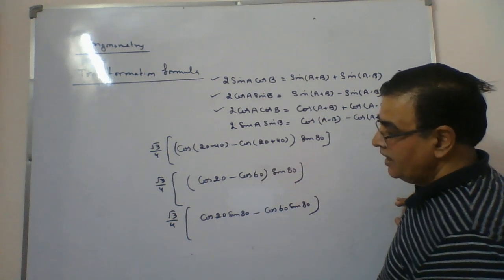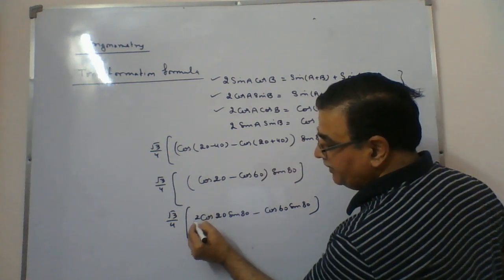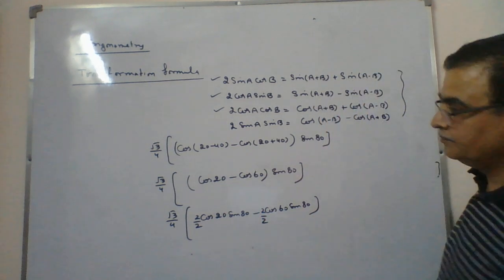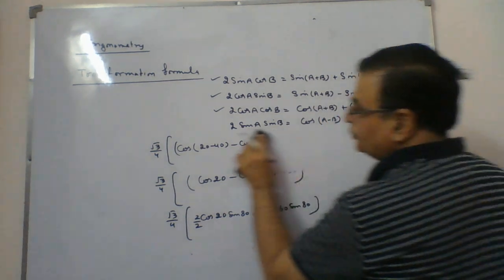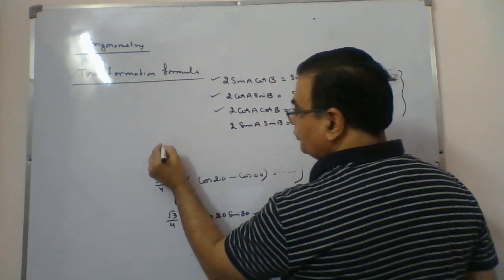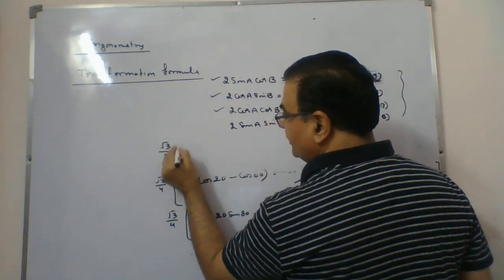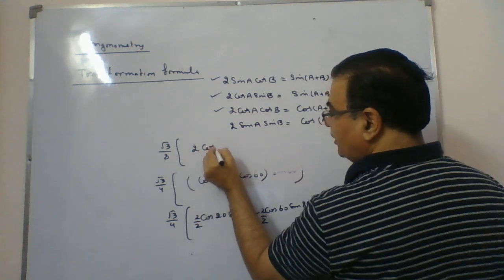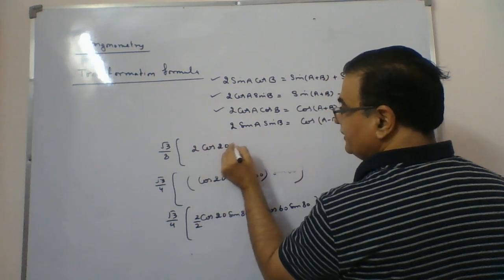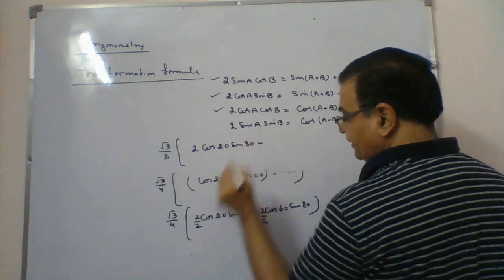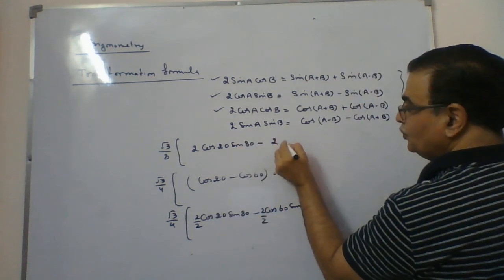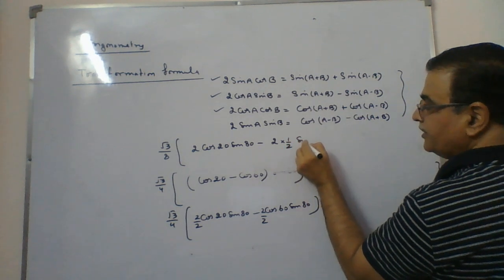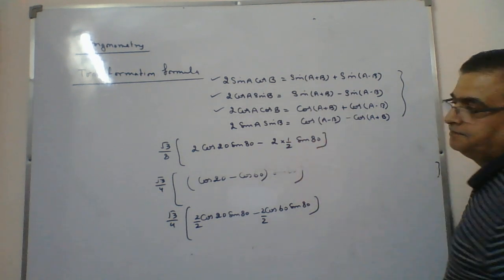Again we will multiply by 2 and divide by 2, so half again gone out. It will be root 3 by 8, and left is 2 cos of 20 sine 80 minus 2 cos 60, which is simply half, and then sine of 80.